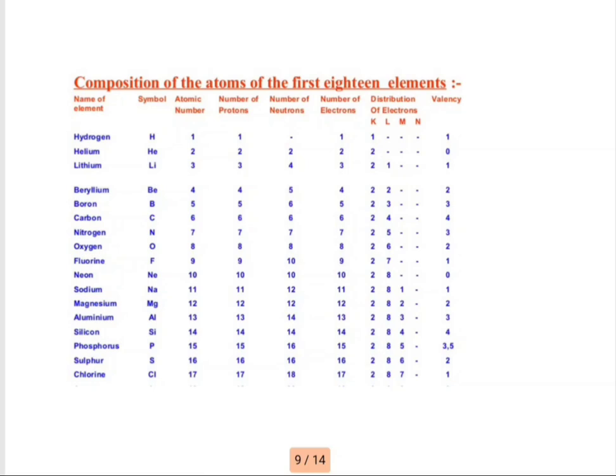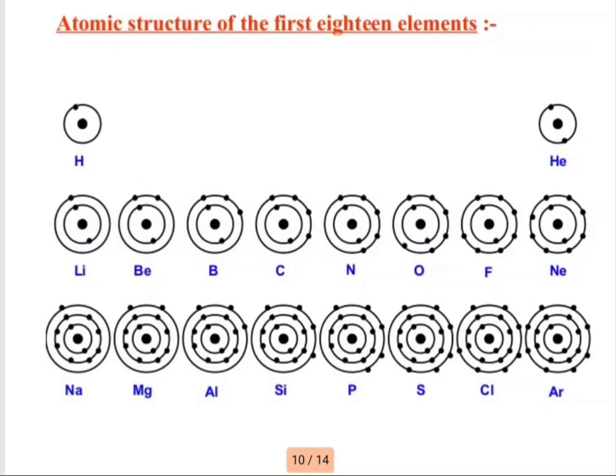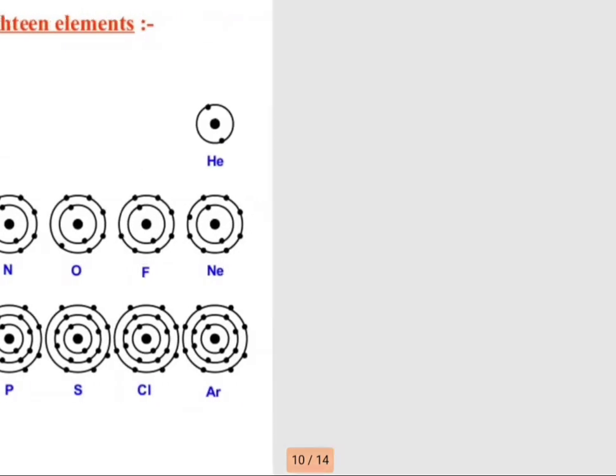Okay, and learn the symbols also, and see its electron filling diagram too. Here hydrogen has 1, helium, and then lithium has a second shell. Okay, lithium to neon has the second shell, and sodium to argon has the third shell. You can remember and recall this.